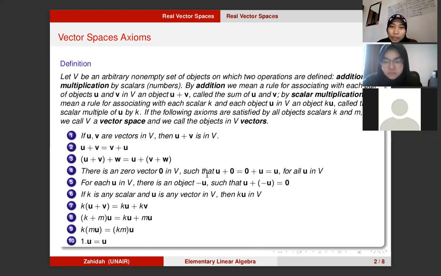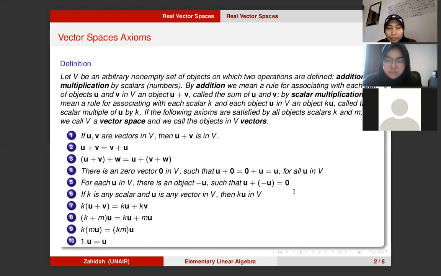Because our zero vector satisfies this property: u plus zero equals zero plus u equals u itself, for all u in V. And the next axiom, for each u in V, there is an object, negative u, such that u plus negative u equals our identity, the zero vector.